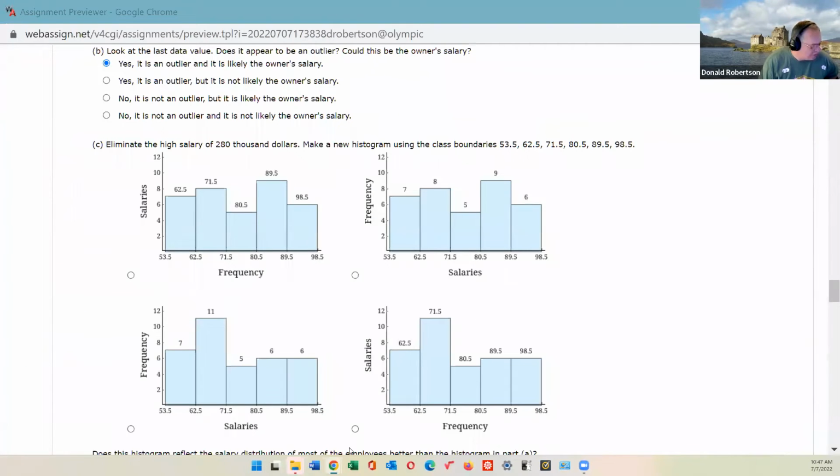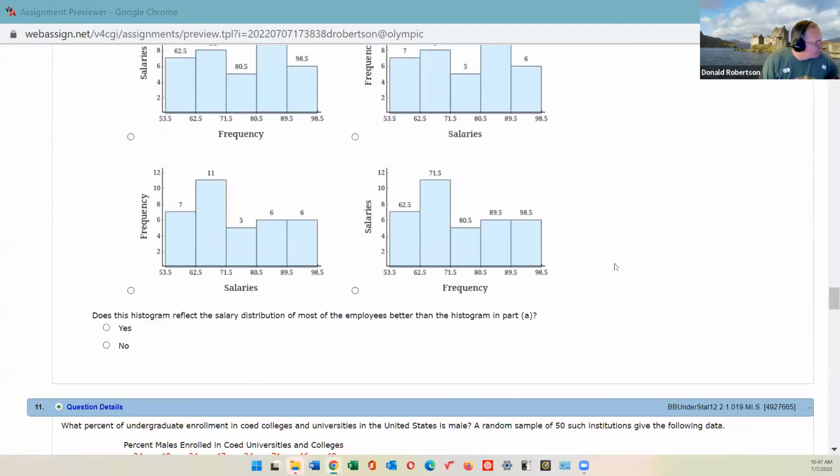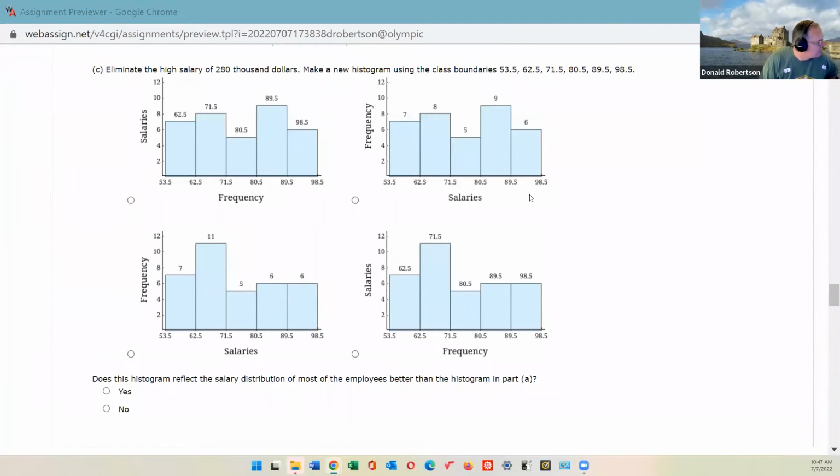One of these guys should look like him. What did they start with? 53.5? Okay. And I think I've rubbed it out. I've lost it. I think it was that one. But don't quote me on that.